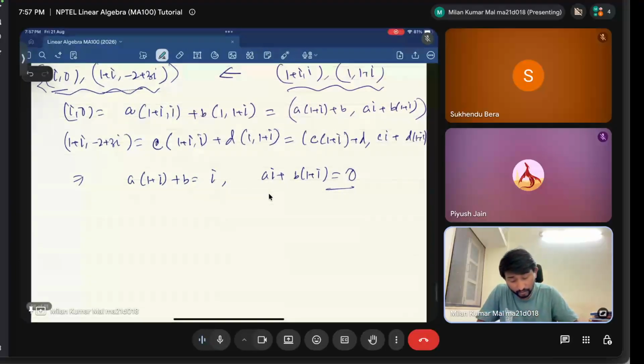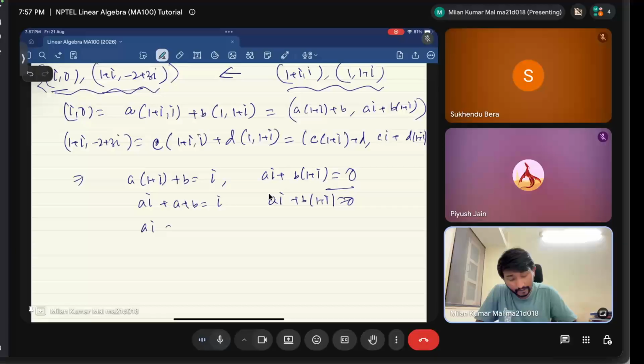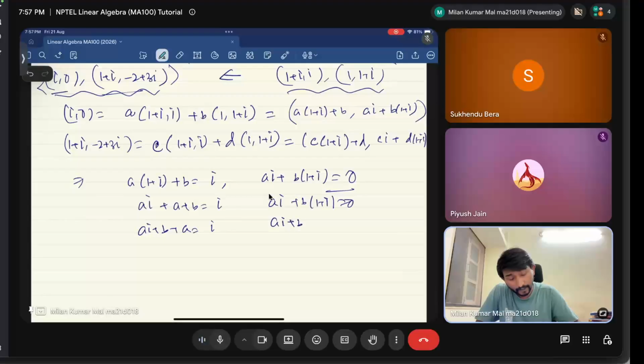So here what we can write: ai plus a plus b is equal to i, and here I have ai plus b of 1 plus i is equal to 0. Here I will also get ai plus b plus bi is equal to 0.